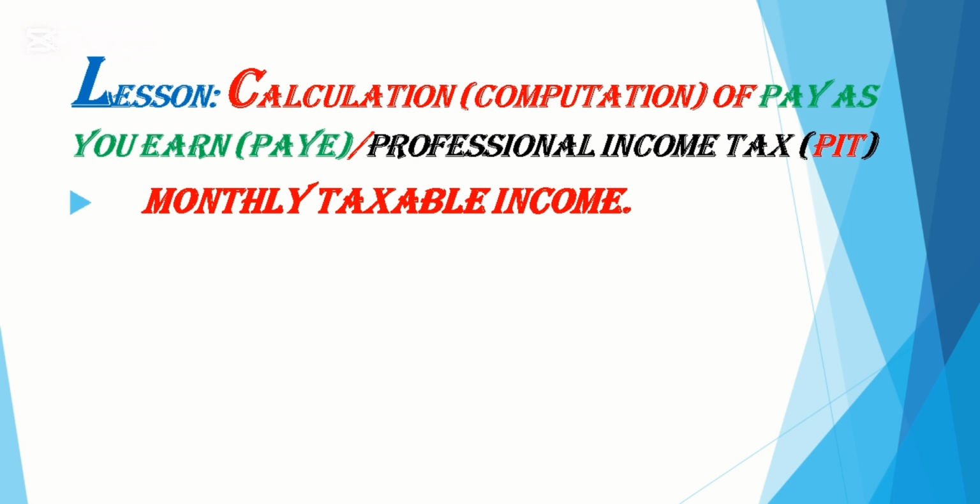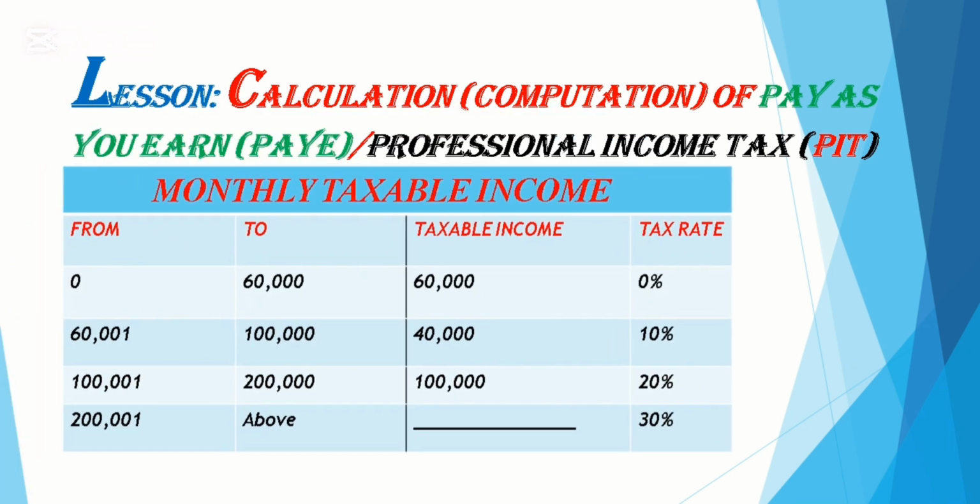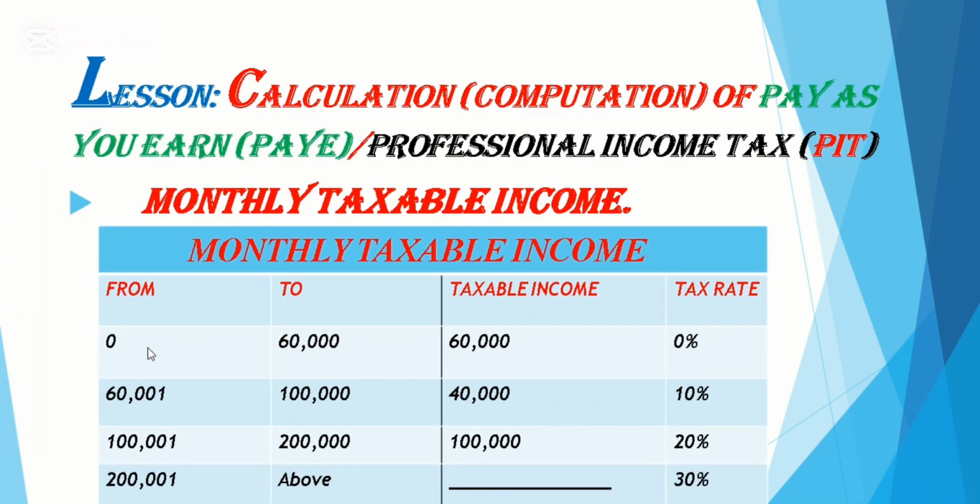So I'm going to show you a table extracted from Rwanda Revenue Authority that is acting as a guidance. Now, you can see that from this amount of salary to this amount of salary, any professional who earns between this range is supposed to pay tax, which is called the professional income tax, at 0%.